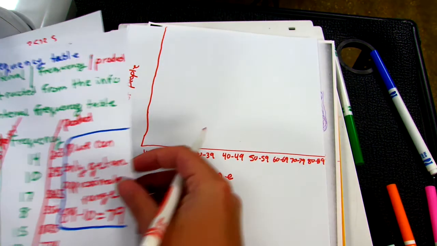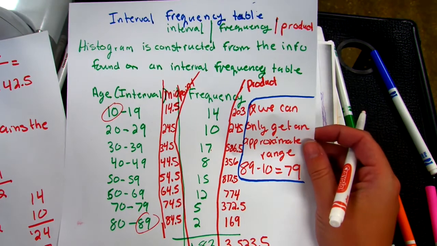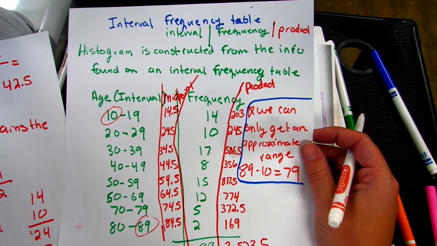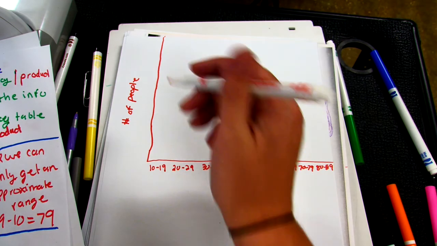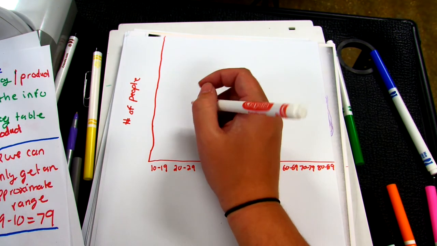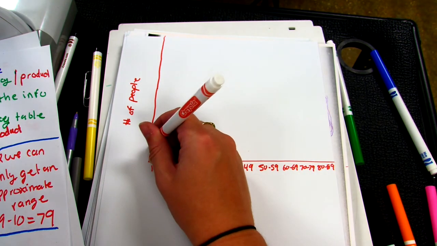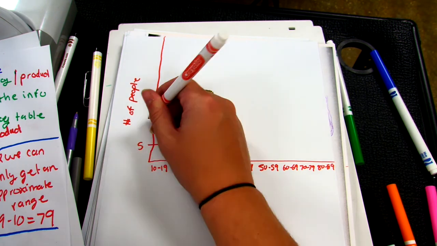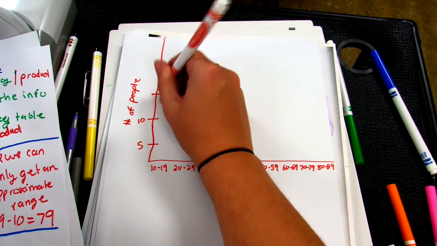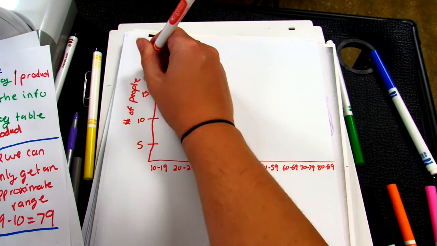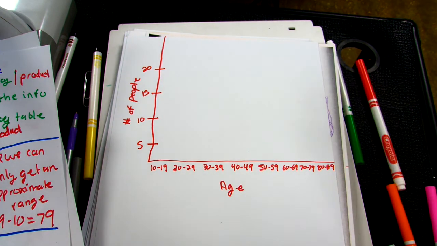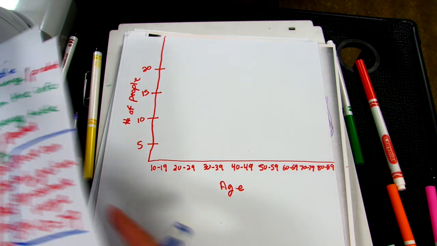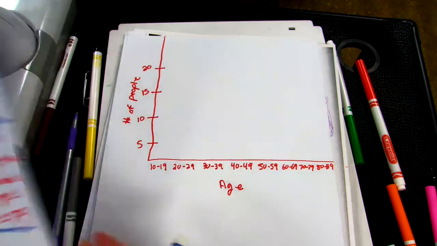This is where you just look at your frequency. Our frequency goes from 2 all the way up to 17. So let's count by 5s all the way up to 20, right? So here's 5, 10, 15, 20. All right, so the age 10 to 19, that interval has 14 people in it.